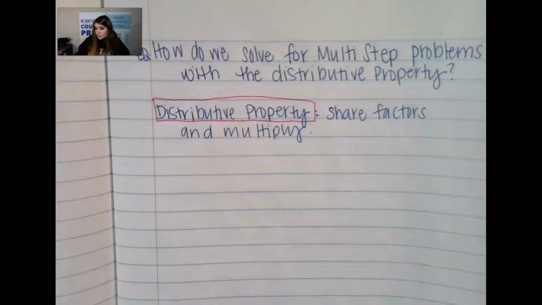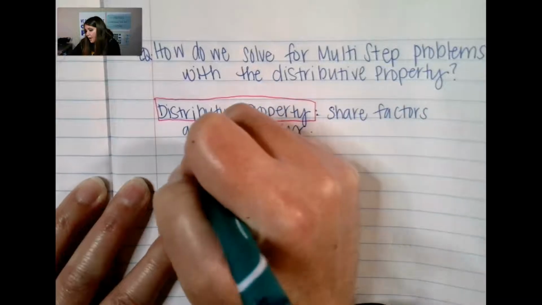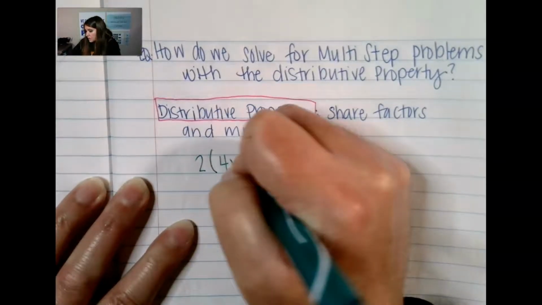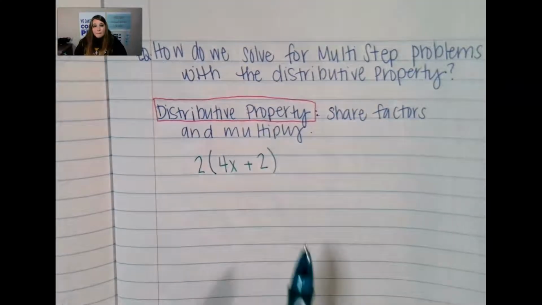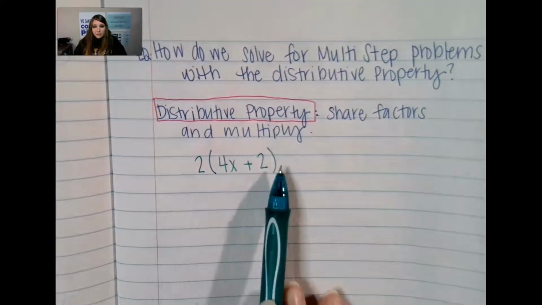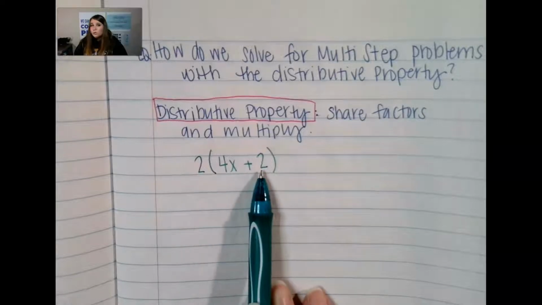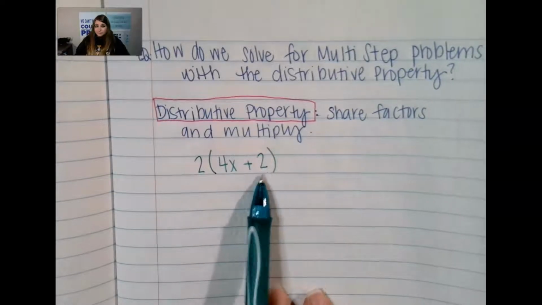For example, let's say that I have two groups of 4x plus 2. You may not put 4x and 2 together because this one has an x, this one does not. So you can't start in the parentheses, right?